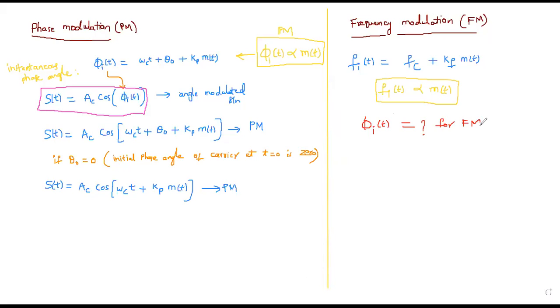All that we know is fi of t only. Now, can we calculate phi I of t from fi of t? The answer to this question is yes, we can calculate.